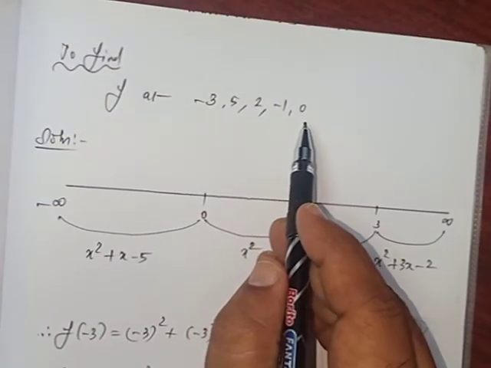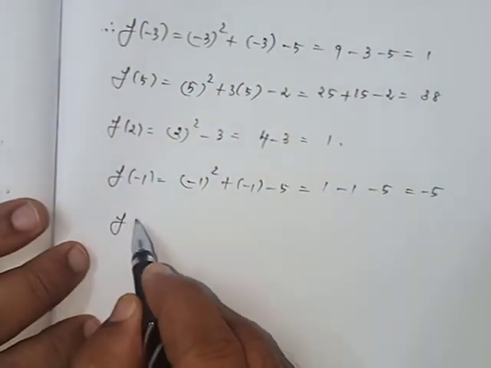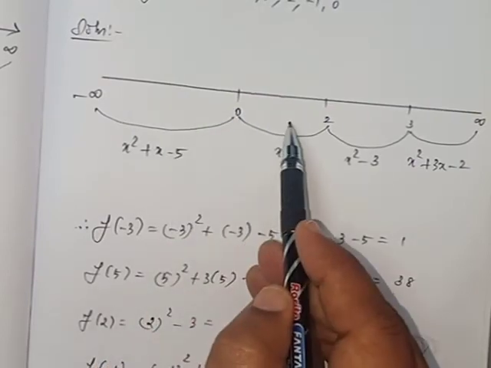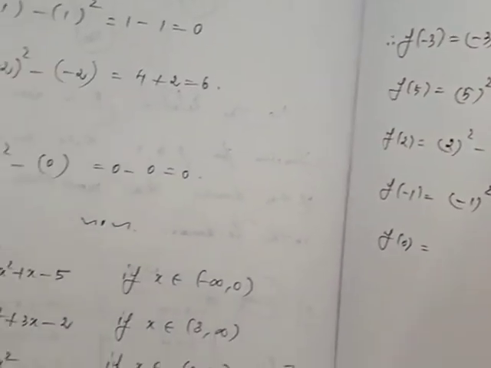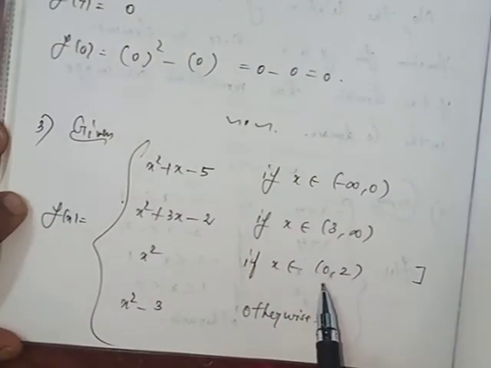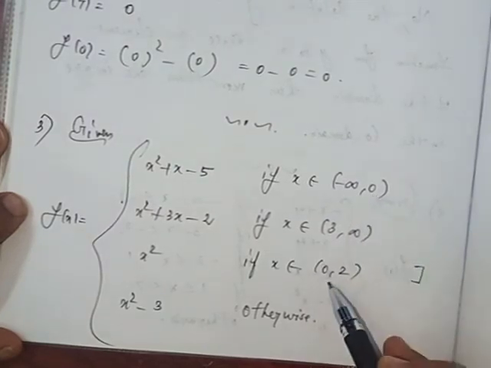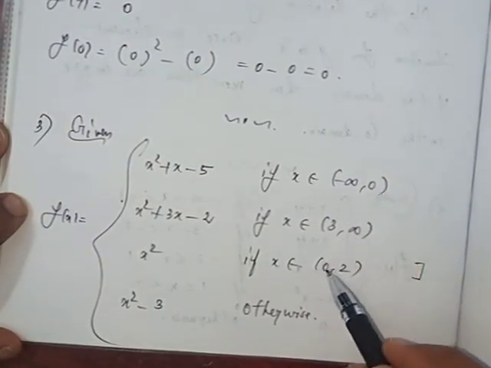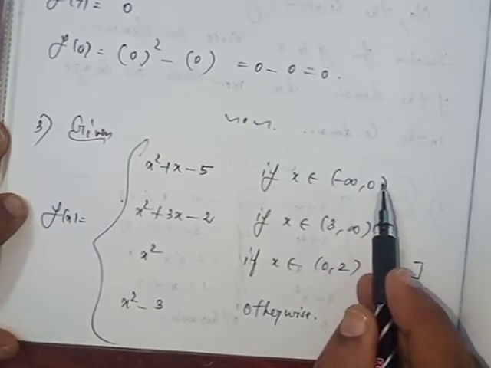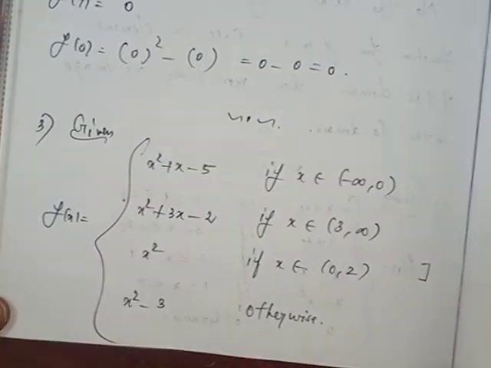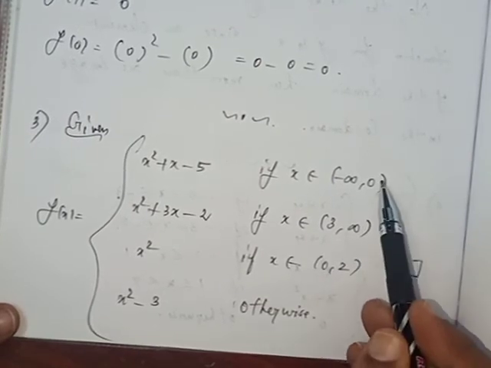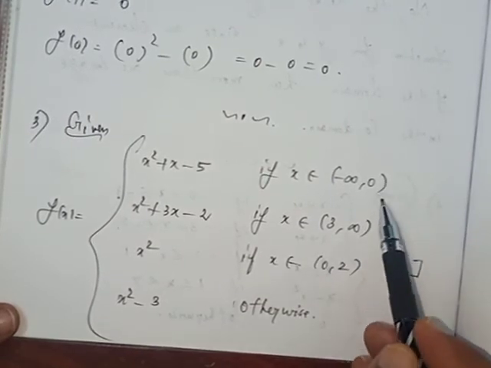Finally have to calculate f of 0. Here we have 0, so you have to consider whether 0 lies in this interval or in that interval. Here we have 0, here also we have 0. In both the cases 0 has been excluded, because look at the bracket, right open here, left open here.